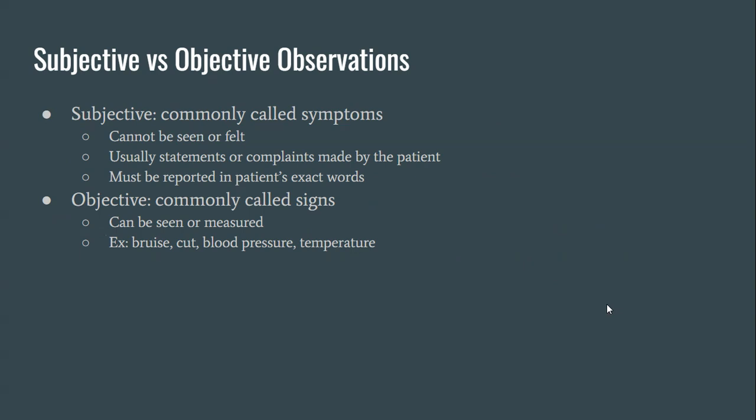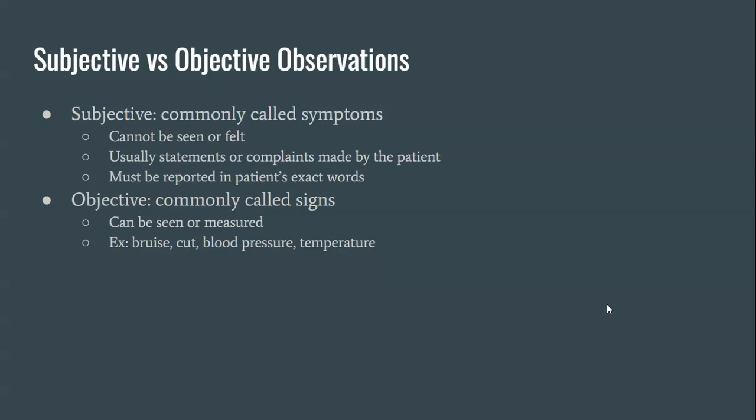We're going to make both subjective and objective observations throughout our assessment plan. So subjective are things that we may call symptoms. They're not seen or felt in the way that I can't physically touch the patient and feel a symptom.